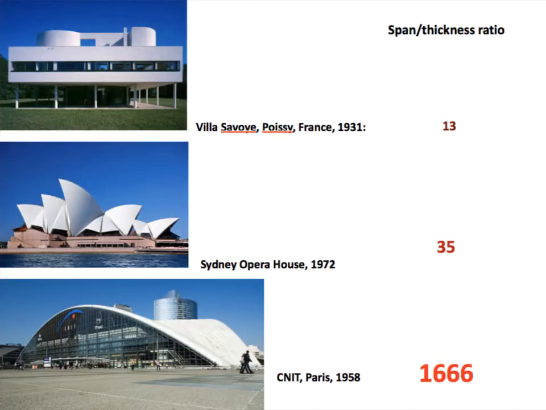The inefficiency of the other two structures described here is also due to a combination of their overall forms and the cross-sections of their elements. The very low efficiency of the Villa Savoye's structure is due to an overall form that produces only bending in the horizontal elements.